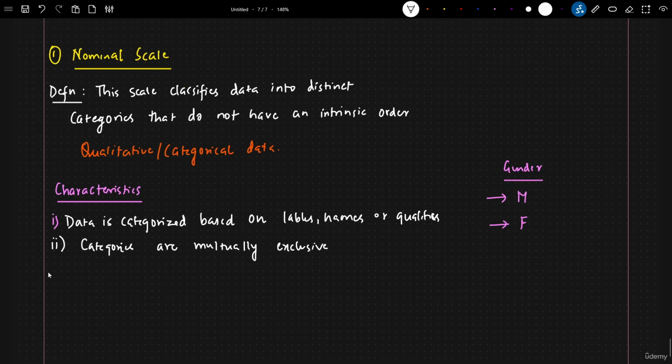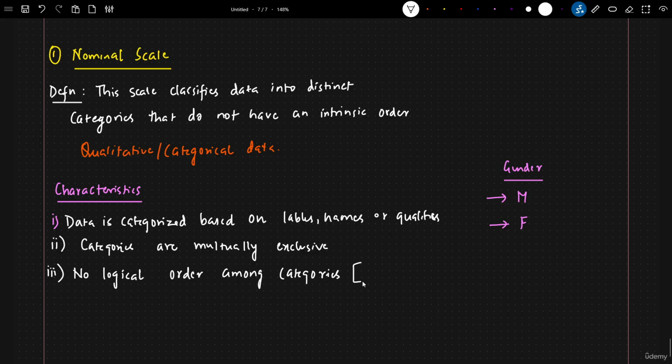The third important characteristic is that there is no logical order among categories. There is no specific logical order among these categories themselves.